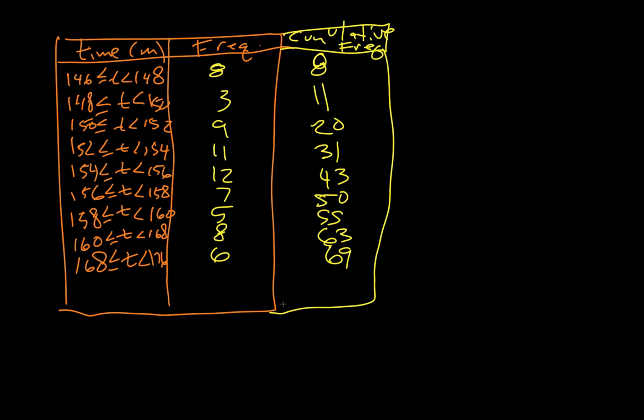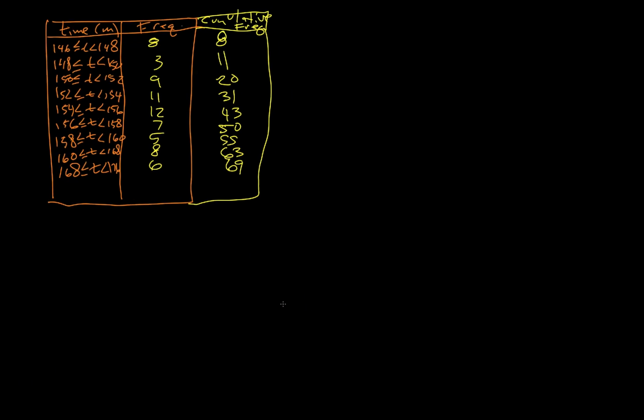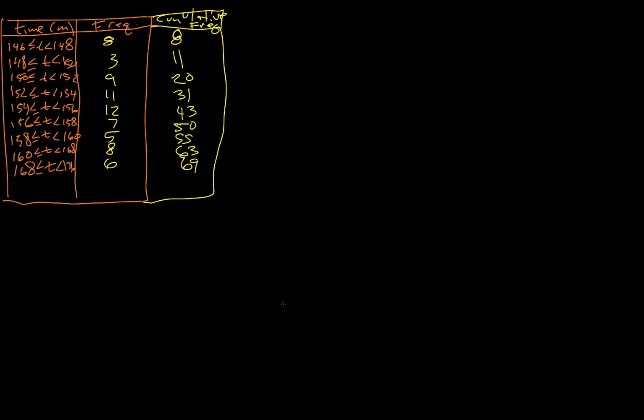Now part B says represent the data on a cumulative frequency graph. So we gotta plot this. So I'm gonna zoom out, put that right there. Okay, so if we're just looking at minutes, we don't have anything until 1:46, so it doesn't make sense to do anything before that.